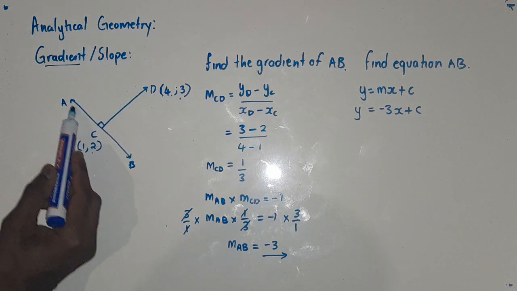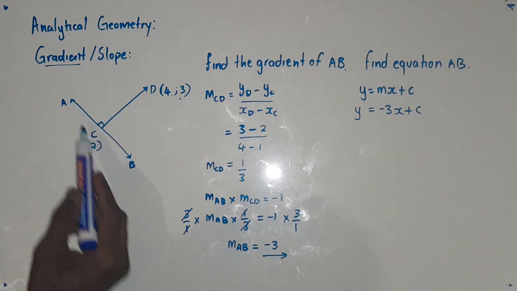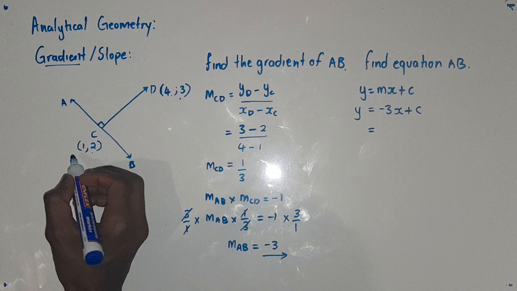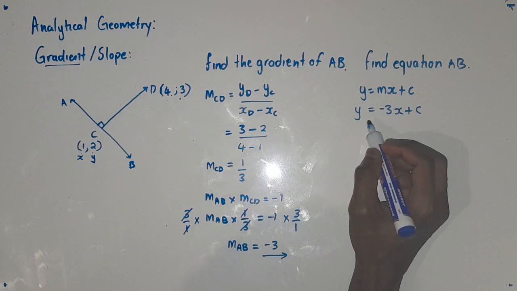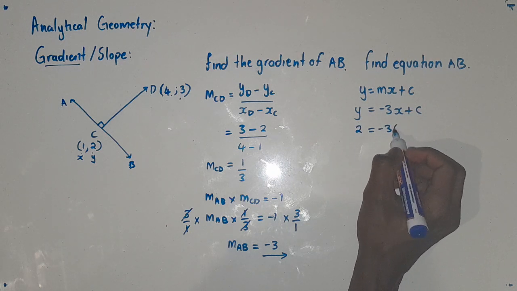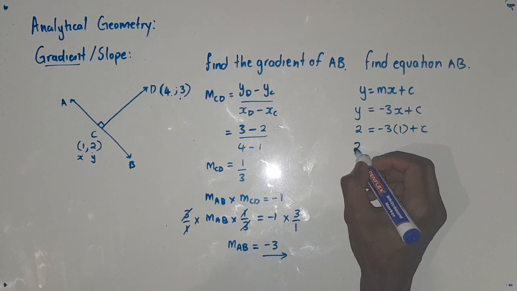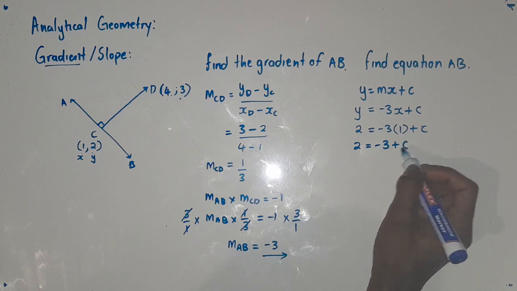Instead, we need the coordinate that corresponds with this line. In this case, it's going to be C. Then we have x and y. Our y is 2, minus 3 times x which is 1, plus c. We have 2 equals minus 3 plus c.